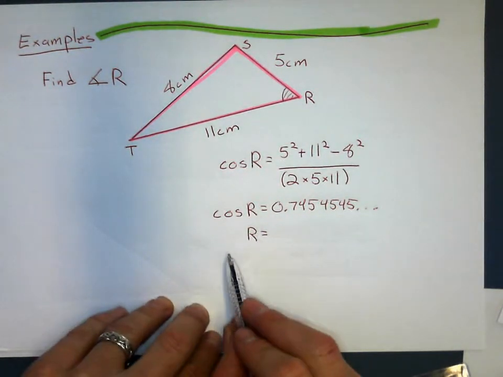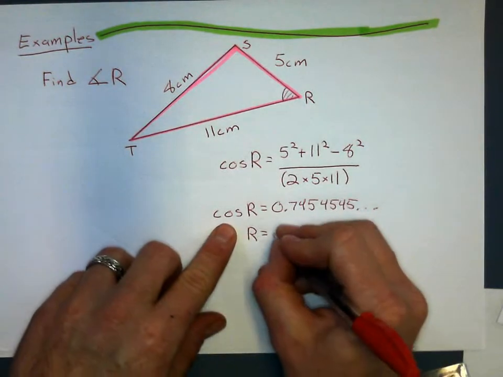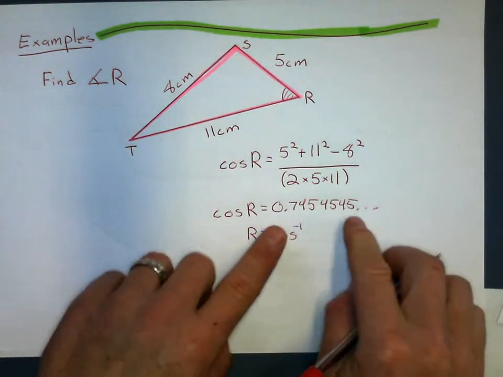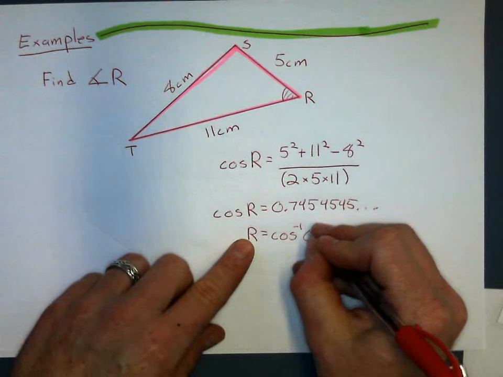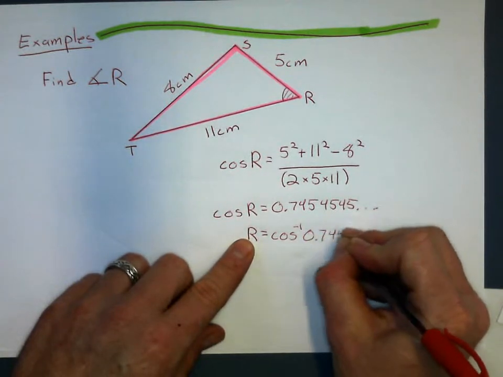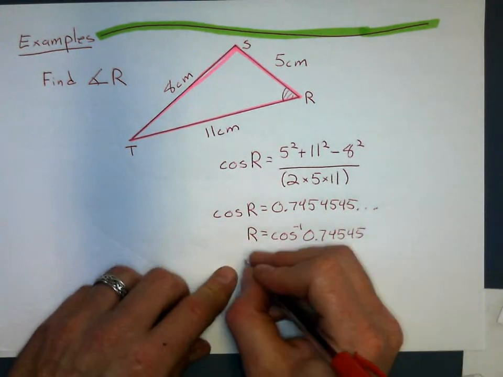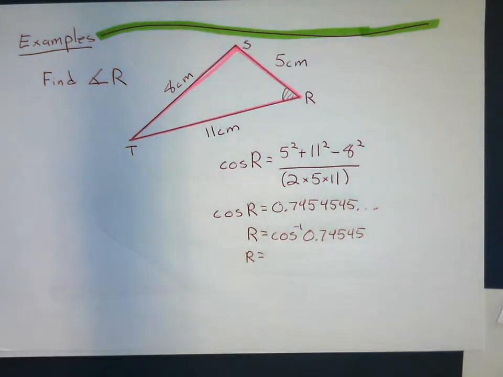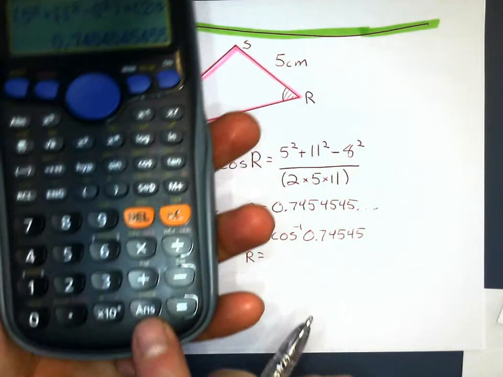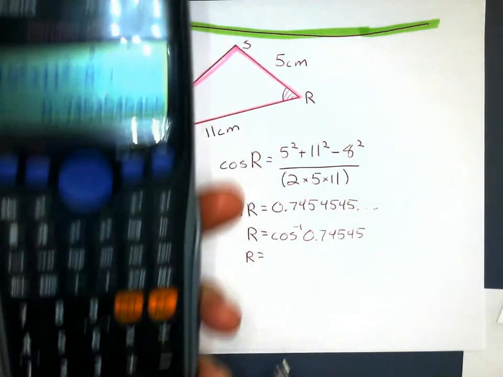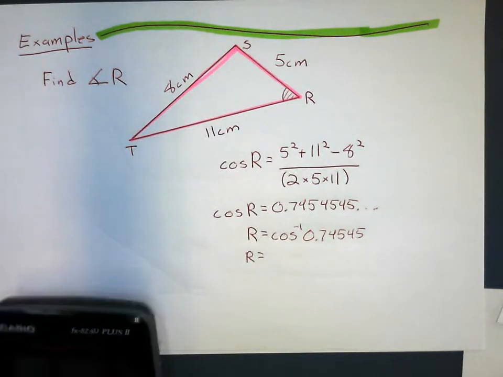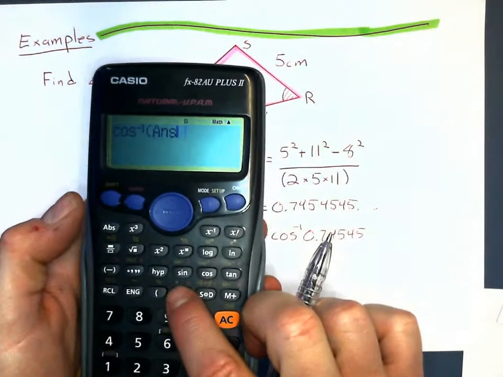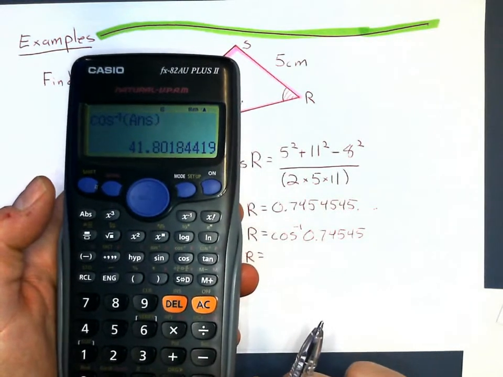So the last step of the cosine rule is going to be to inverse cosine my decimal value that I got up here. And that will give me the angle. And on your calculator, you can just do inverse cosine, answer.